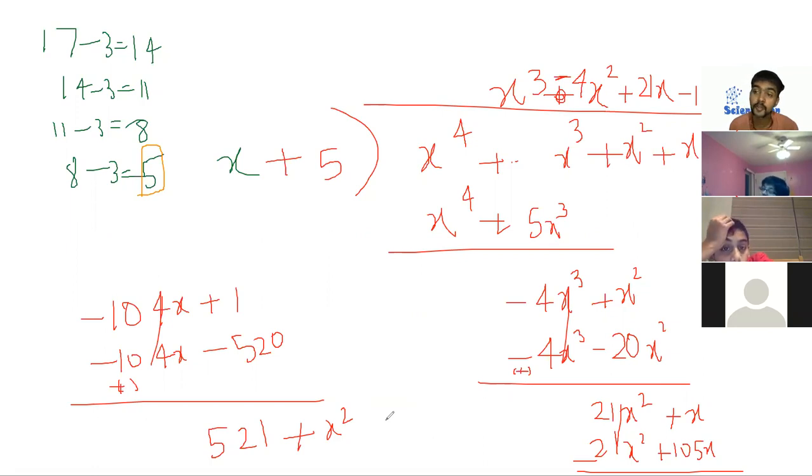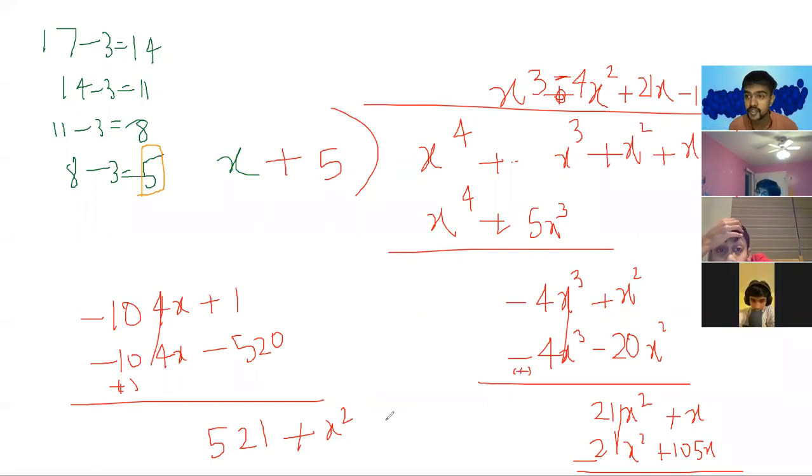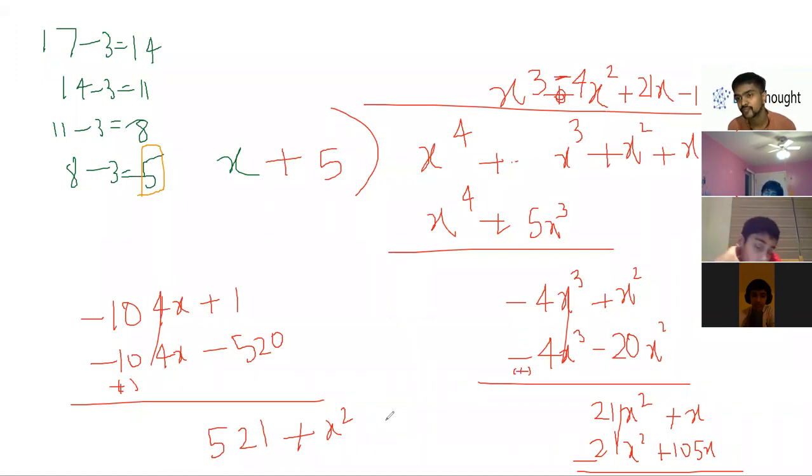It is repeated subtraction until the remainder is less than the divisor. Because if the remainder is equal to the divisor, you can do it another time. Exactly. So likewise, your degree of the remainder should be? The degree of the remainder should be one degree less than your divisor.